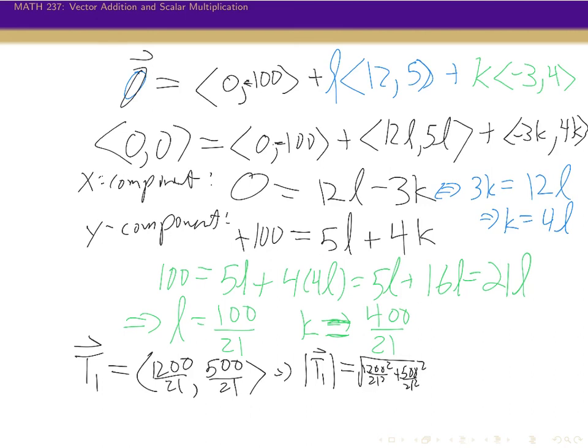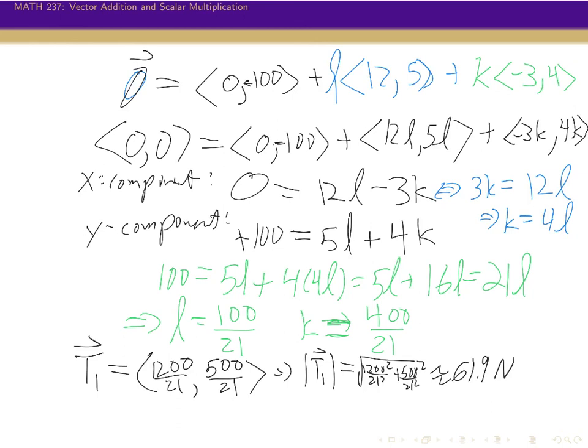Let me pull out a calculator. It's a little bit too big to do in my head. So I want to do the square root of 1200 squared plus 500 squared, and then the whole thing is divided by 21. And so this is 61.9 newtons.